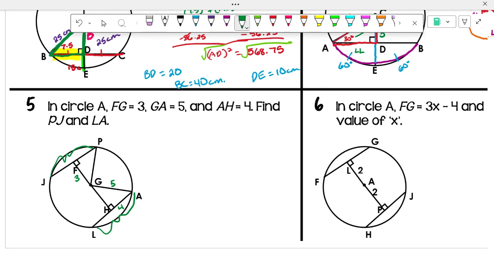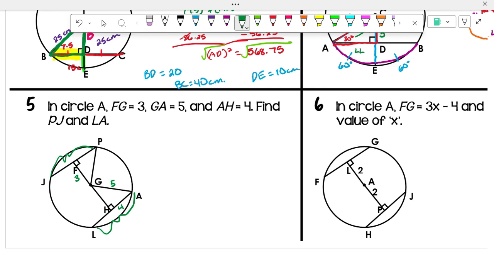All right. So first off, some of these we can already figure out. First things first, I need to find GH. Why do you think I need to find GH? What's important about that? It's in the middle. It's the other side.